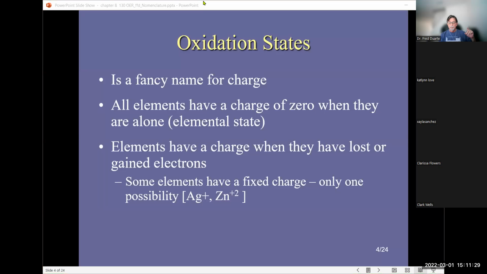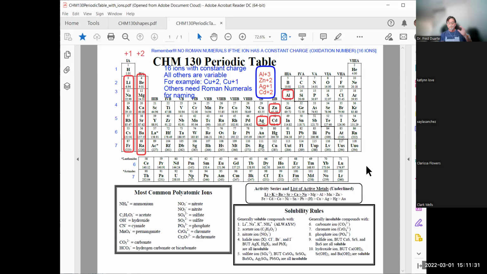I'm going to bring up the periodic table that I have marked here. You can see that the elements I have circled in red have a fixed charge. That's important when it comes to naming compounds, because when they don't have a fixed charge, we have to use Roman numerals to distinguish which one we're talking about. Everybody in group 1, all the metals, not including hydrogen, obviously, because it's not a metal, always has a +1 oxidation state when they become ions.